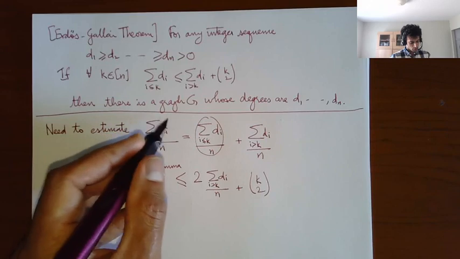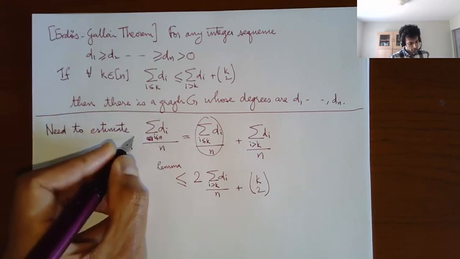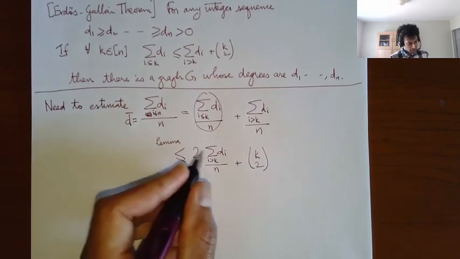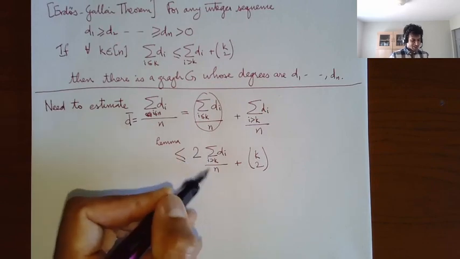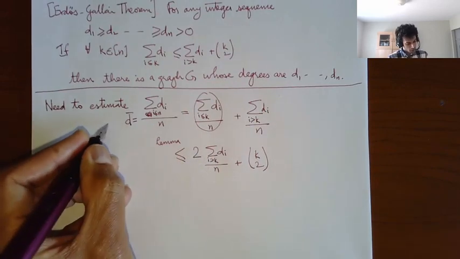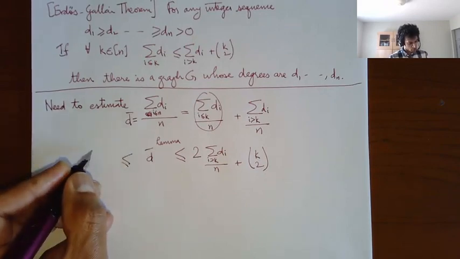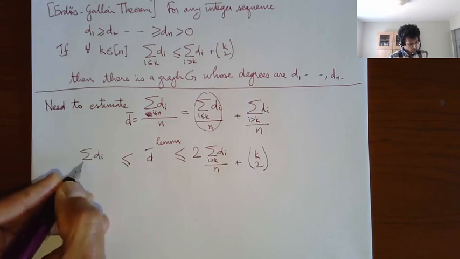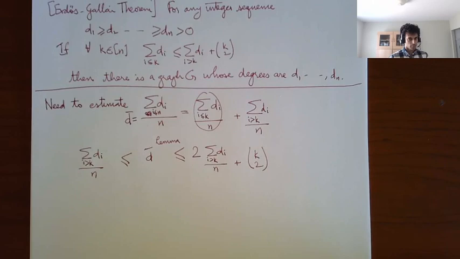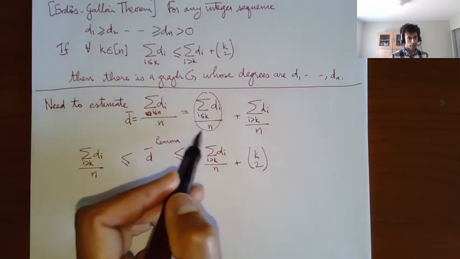So I can write my average degree, which is what I wanted, as at most twice the average of the smaller values. And obviously this is at least that. This is sort of obvious because I'm just dropping out all of these terms.